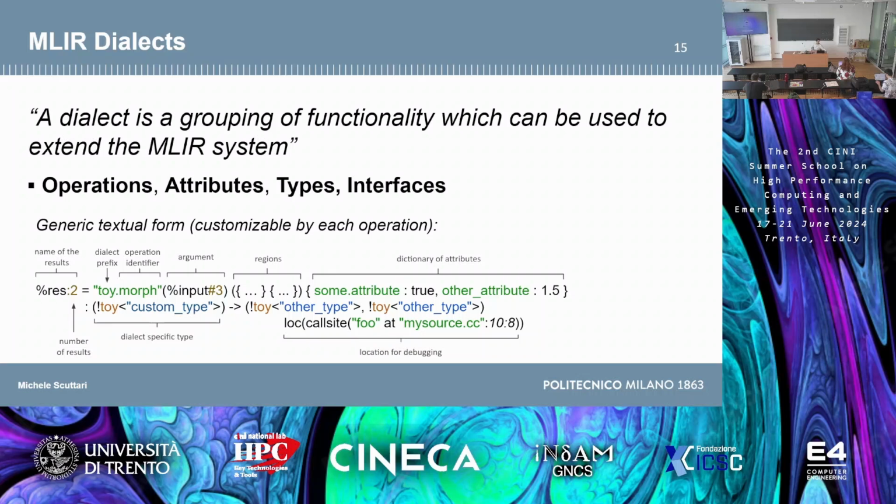Here the input has a custom type, and the output is a pair of two elements of the same type. Furthermore, you have some debugging information. This is the typical location encoding. So you can ask MLIR to produce something like this that is relatively human readable.